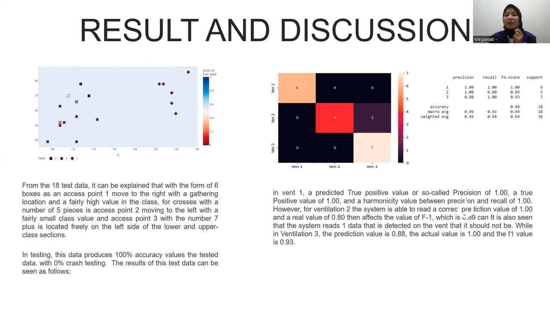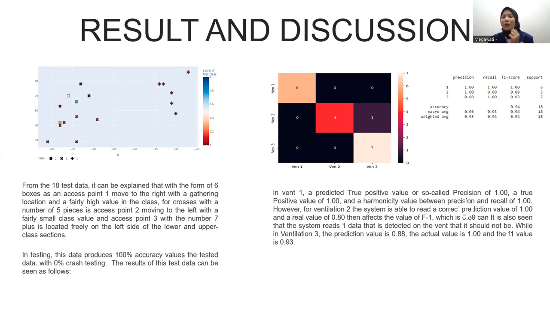The result of the testing can be seen as follows. In vent 1, the precision value is 1.00, the true positive value is 1.00, and the harmonic mean of precision and recall is 1.00.